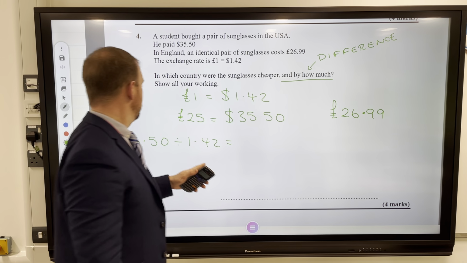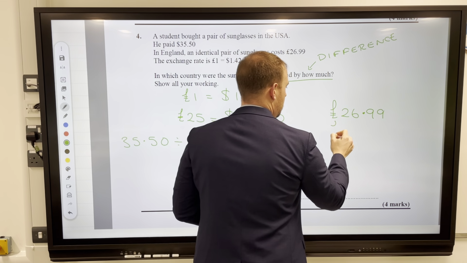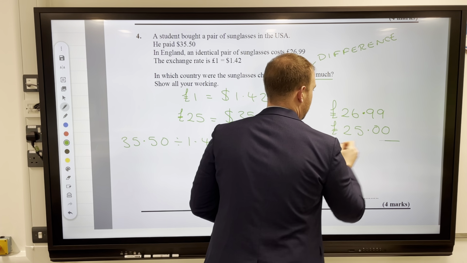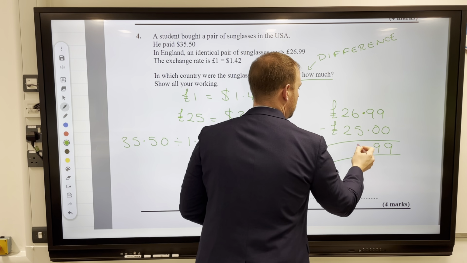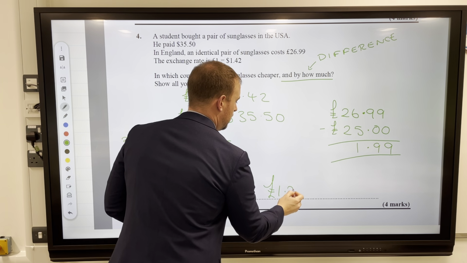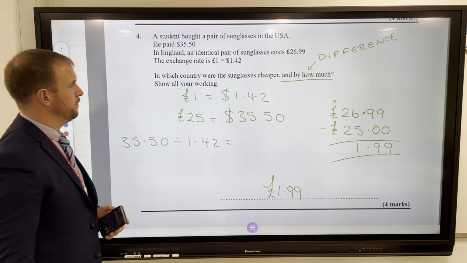In the USA, our exchange rate worked out to be £25. Now I know you can calculate this in your heads. However, we're still going to show our workings, and when we subtract, to show the examiner exactly what you're doing. It's £1.99.